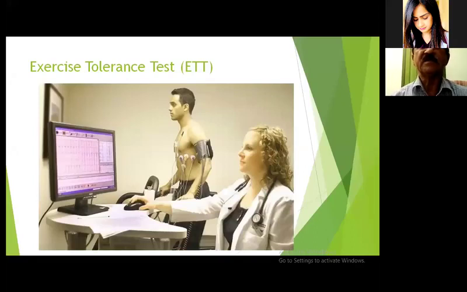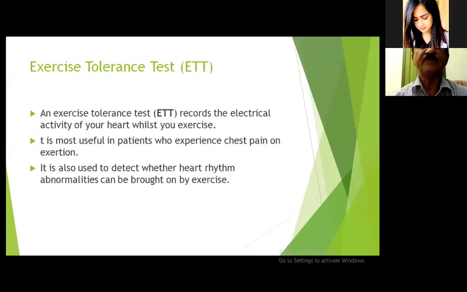This is the exercise tolerance test. For persons who have angina on exercise or chest pain on exercise, sometimes a simple ECG cannot detect ischemia, then you go for the exercise tolerance test. It records the electrical activity of your heart while you exercise.